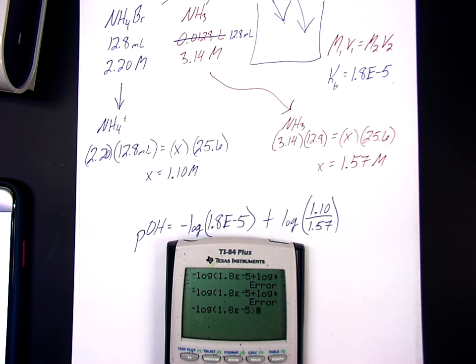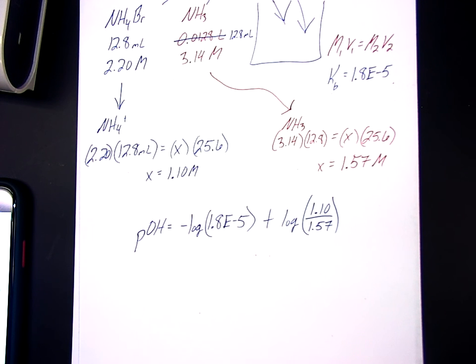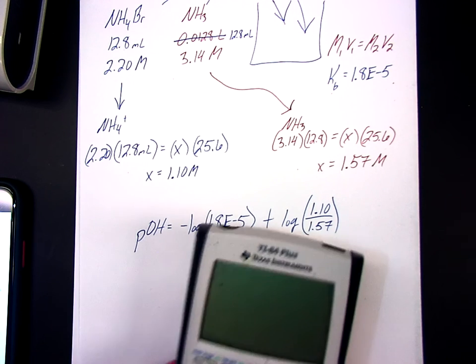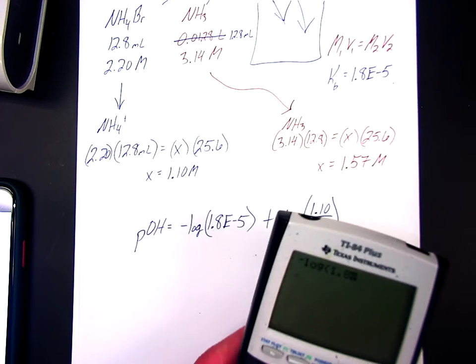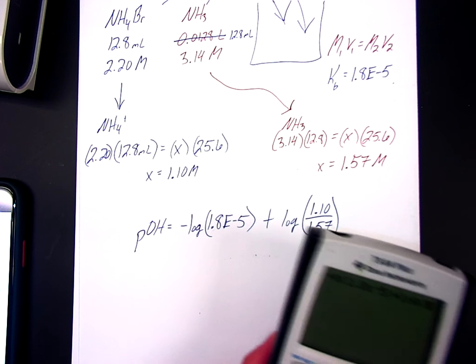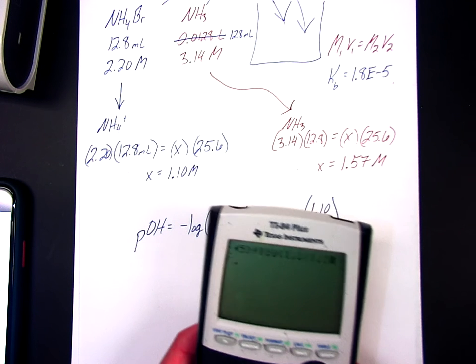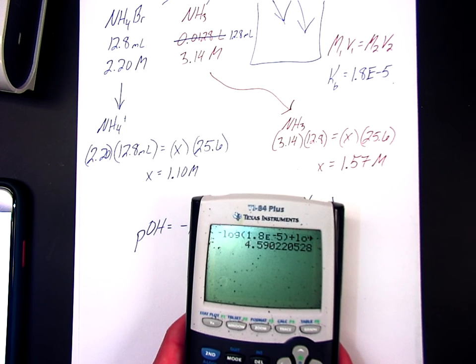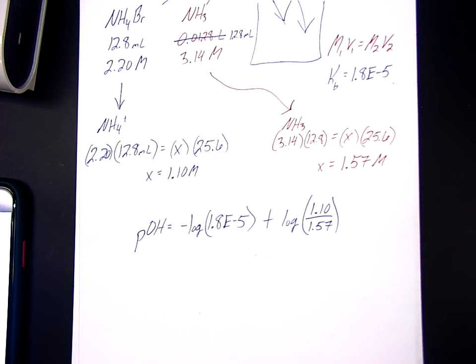So anyways, let's close that parenthesis and then add it to the log, my bad, of 1.1 over 1.57. Are you kidding me? My battery died in the video. Well, it's a longer video than it was supposed to be. Congrats. Hey, look, a number, 4.590. I did nothing different, I promise.